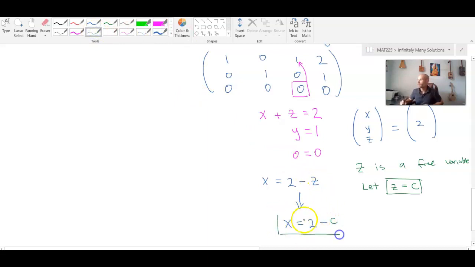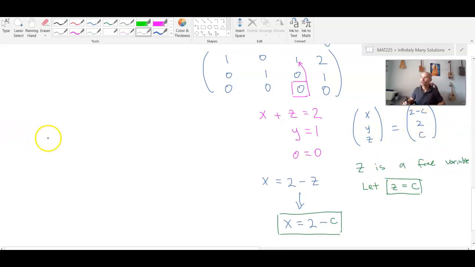And that gives me my solution for x as well. So in my final statement, I'm going to say, well, z is going to be any arbitrary constant. x has to be 2 minus that arbitrary constant. It is directly related to the value of that constant. And c can be any number that we want it to be.